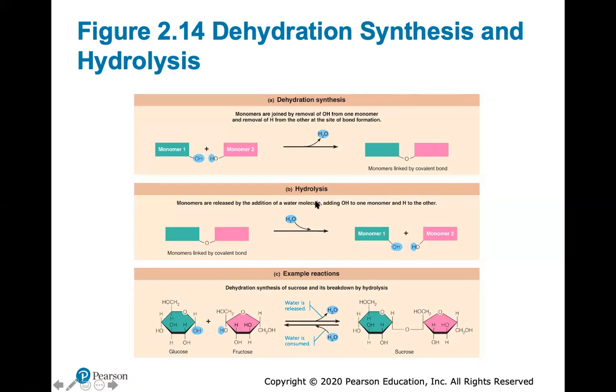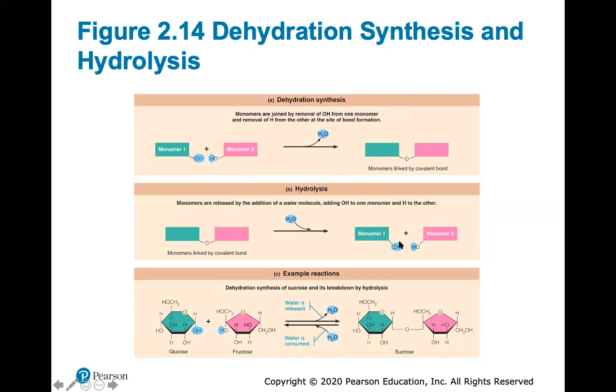A hydrolysis reaction does the opposite. We have monomers linked together by a covalent bond shown here. If we add in a water, you're adding 2 hydrogens and an oxygen, and those 3 atoms have to go somewhere. So they break apart the bond that's holding the 2 monomers together.